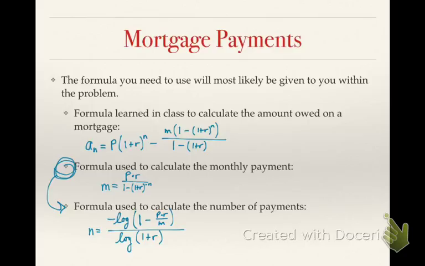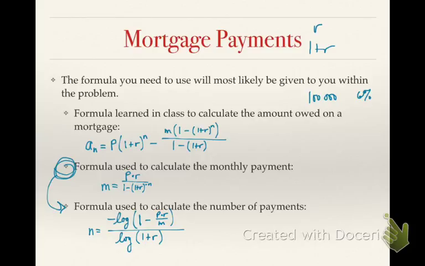Again, you don't have to memorize these formulas, but you could, for only a few number of payments on a loan. Say you know that the principal balance is $100,000, and you have, let's say, a 6% interest. By the way, one thing that's really important to note is that this r, or this 1 plus r, is not 0.06 or 1 plus 0.06.